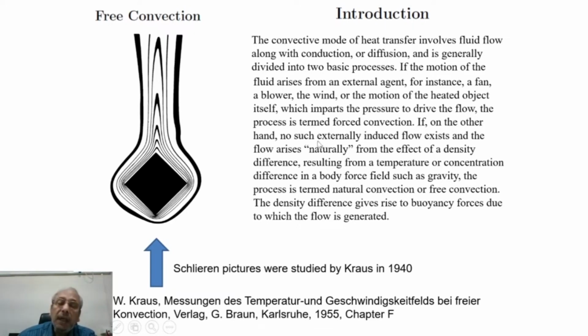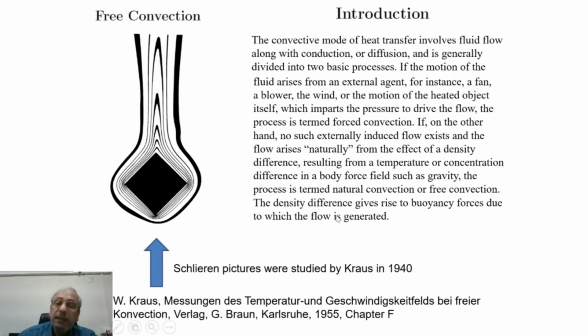If, on the other hand, no such externally induced flow exists and the flow arises naturally from the effect of a density difference resulting from a temperature or concentration difference in a body force field such as gravity, the process is termed natural convection or free convection.